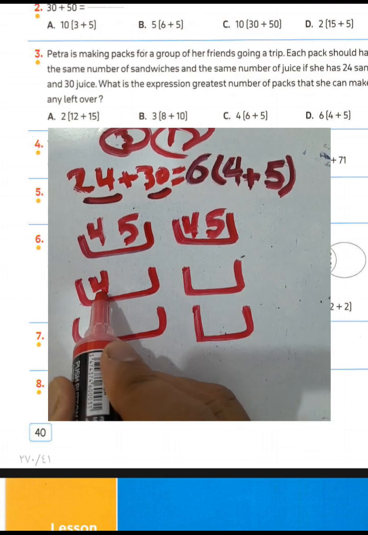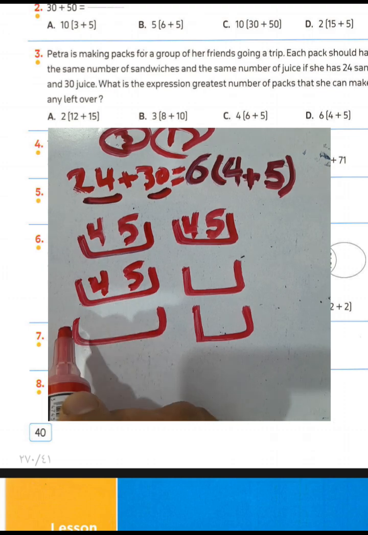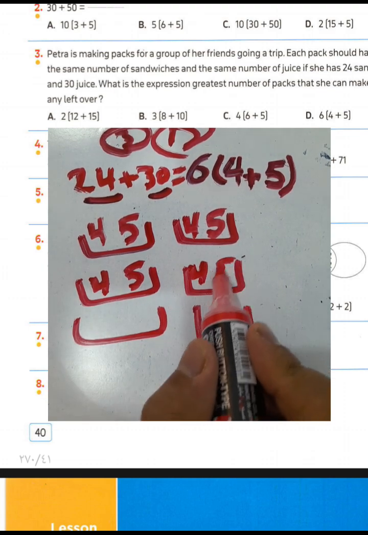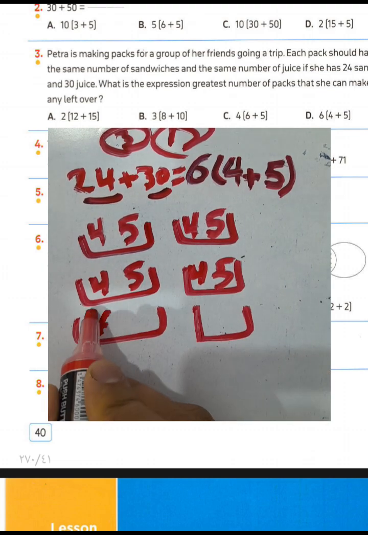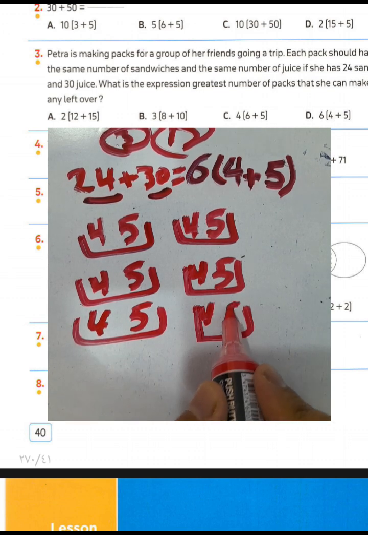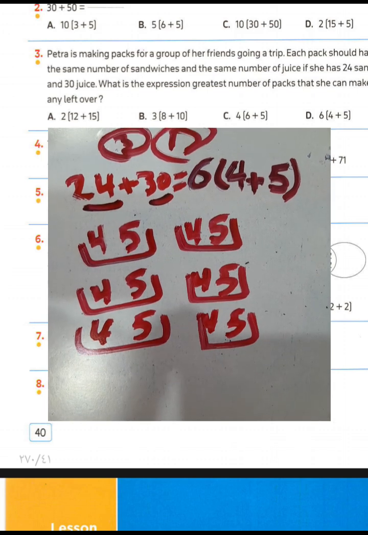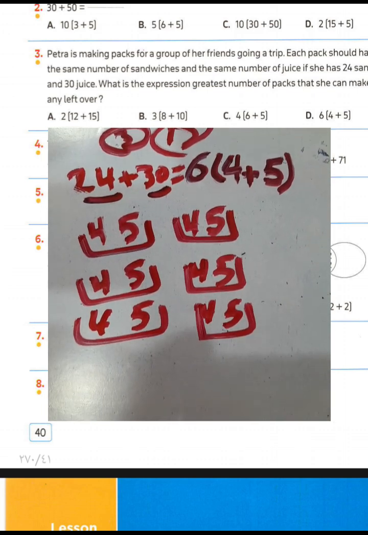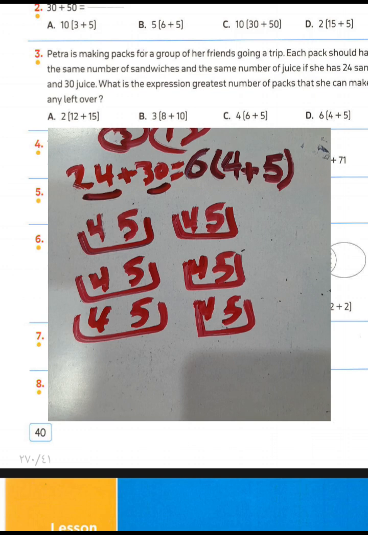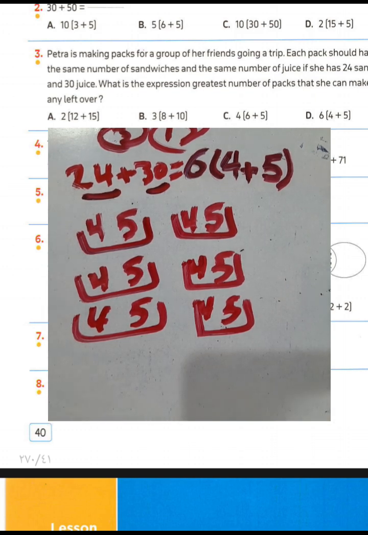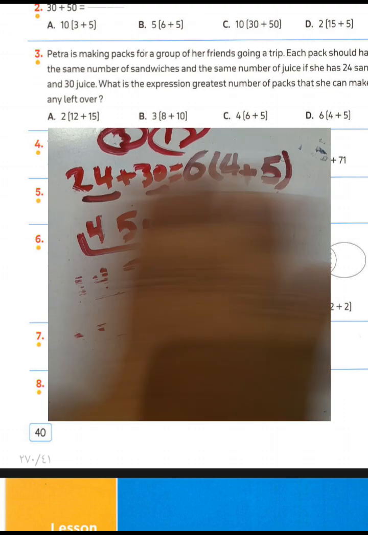Understood this example? So you must choose letter D about question number 3. It's very important, this example. You can solve this example by getting the greatest common factor.